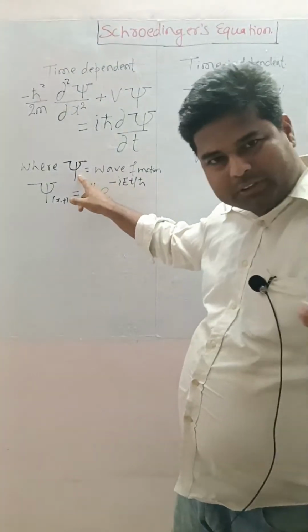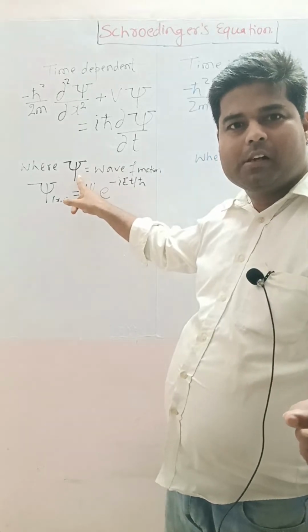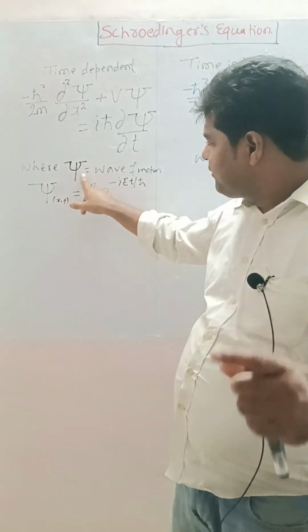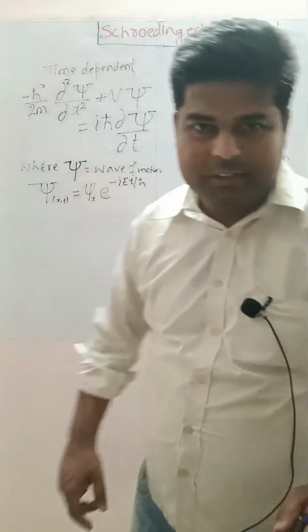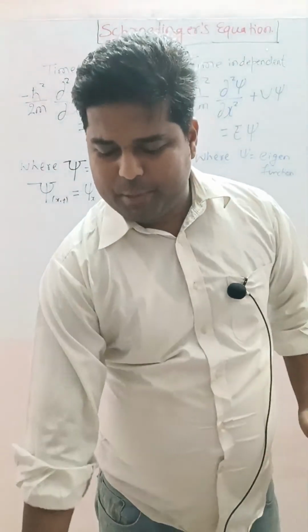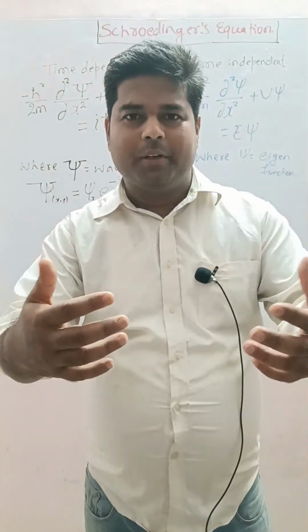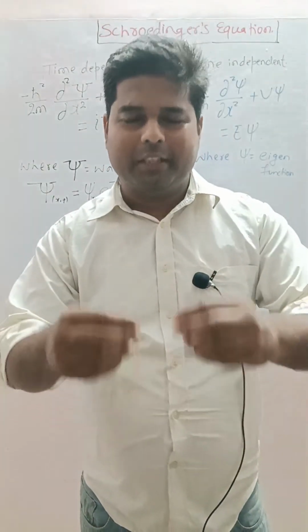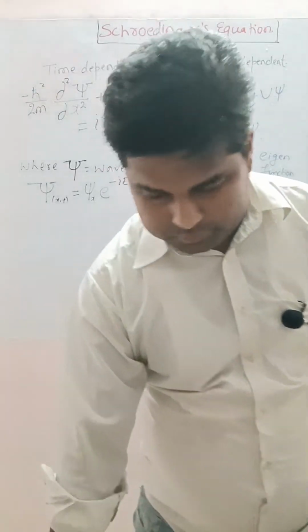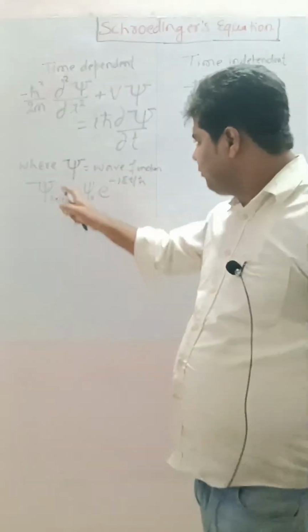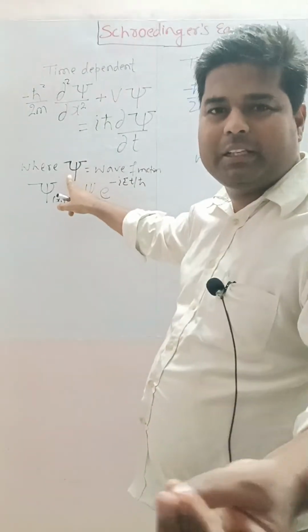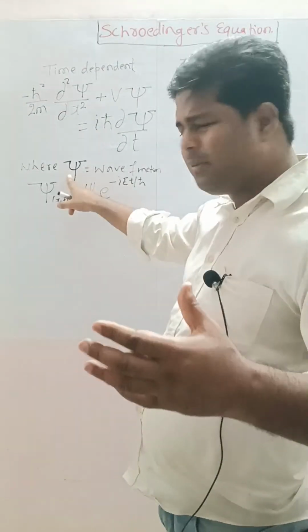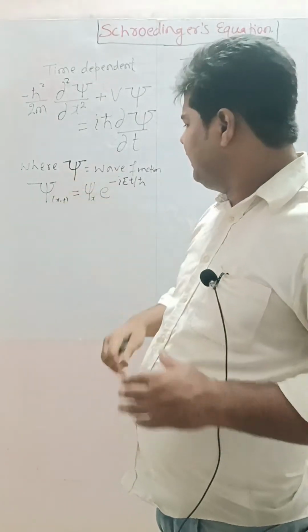Whenever we see this function, this function is a matter wave function. Means this function is representing the wave of subatomic particles like electrons, protons. So whenever we see this matter wave function, it represents electrons, protons, or whatever subatomic particles are.